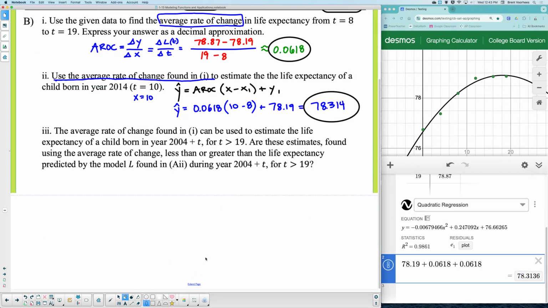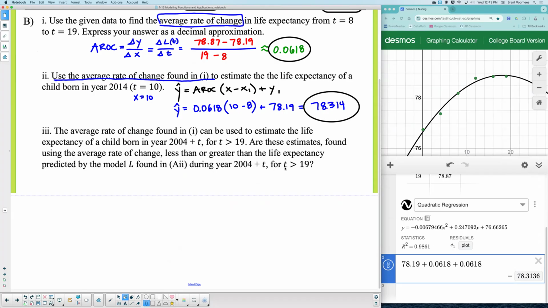Last part. The average rate of change found in I can be used to estimate the life expectancy for children born in year 2004 plus T, when T is greater than 19. It says, are these estimates found using the average rate of change less than or greater than the life expectancy for the model in AII during the year 2004 plus T when T is greater than 19? Okay, help me out.